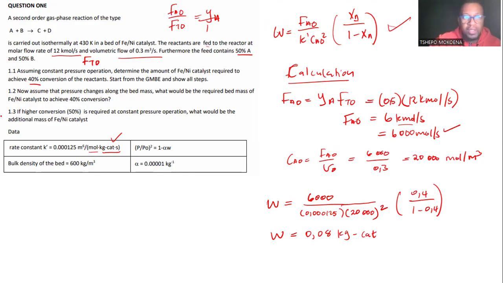For 1.1, we had constant pressure, but here we have a variable pressure, and that variable pressure will have a slight effect on our mass of the catalyst. Do you understand what I'm saying? The answer should be about the same, but we're going to have a small, slight difference in value. Okay, now let's do it.